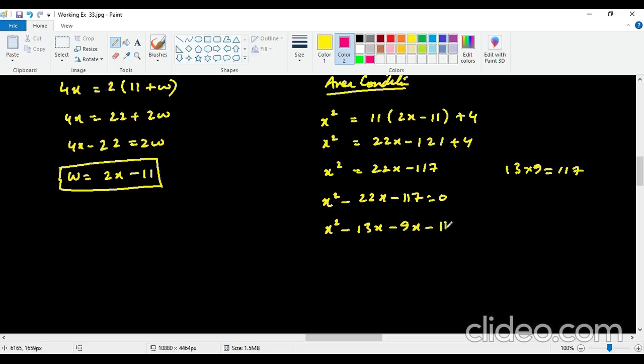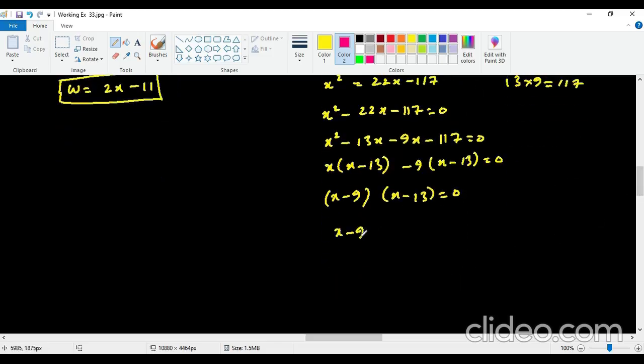So plus 117 equals 0, and here x is common. x minus 13 is the first factor, and minus 9 will be added here. So x minus 9 and x minus 13 are going to be the two factors. x minus 13 equals 0, and x minus 9 equals 0.